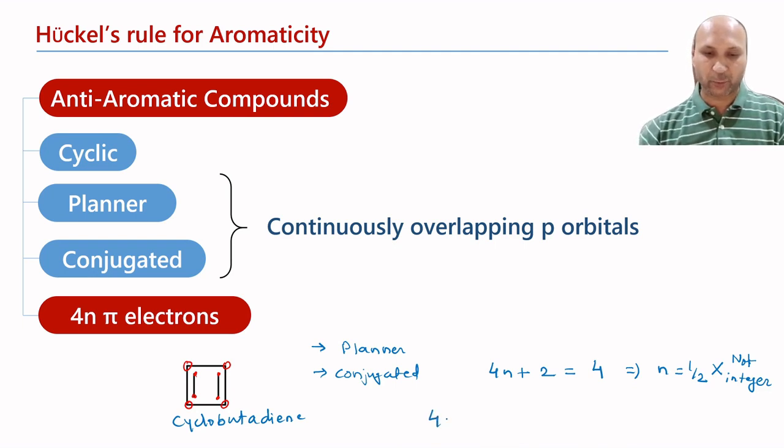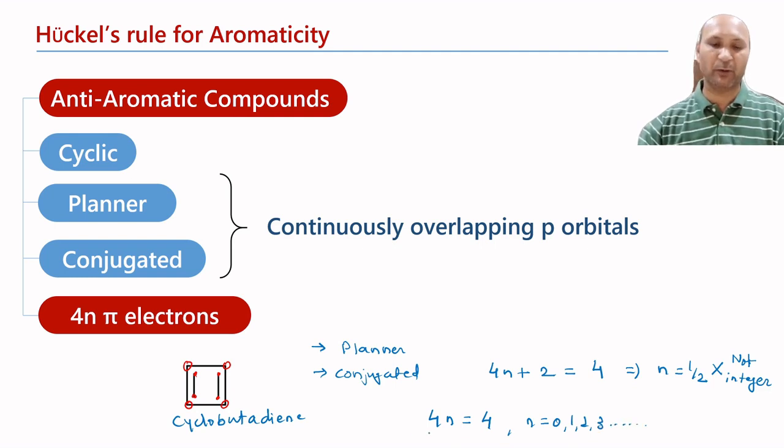But if the total number of pi electrons satisfies the condition 4n, where n equals an integer, then we can say that a compound is anti-aromatic in nature. So in that case, 4n equals 4, which gives us n equals 1.